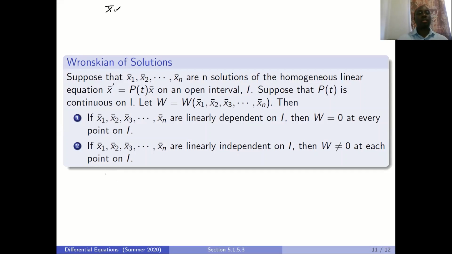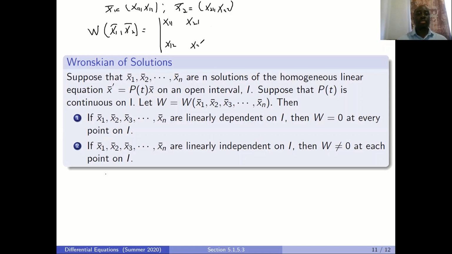If x bar 1 is x11, x12, and x bar 2 is x21, x22, we'll define the Wronskian of x bar 1 and x bar 2 to be the determinant of the matrix formed by first column as x bar 1, so we have x11, x12, and then my second column will be x bar 2, which will be x21, x22. And so the determinant of this gives us a Wronskian.